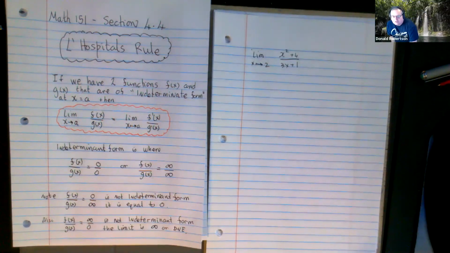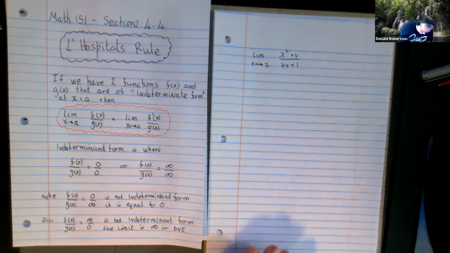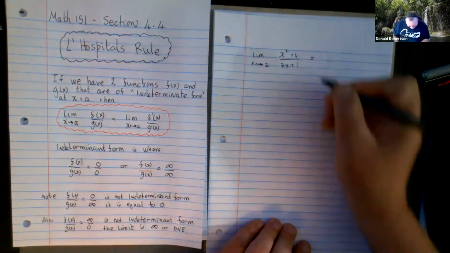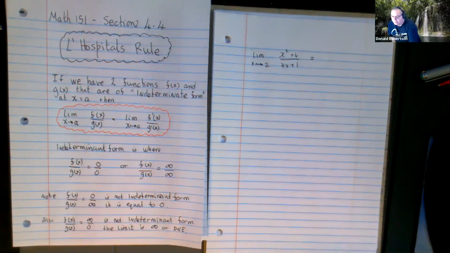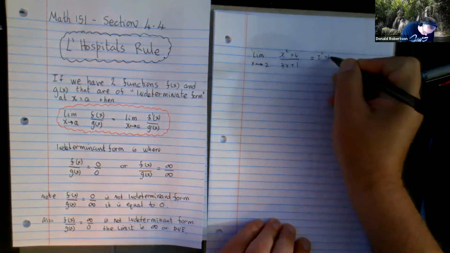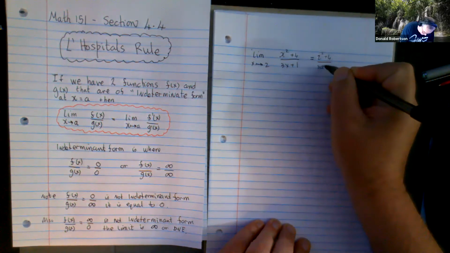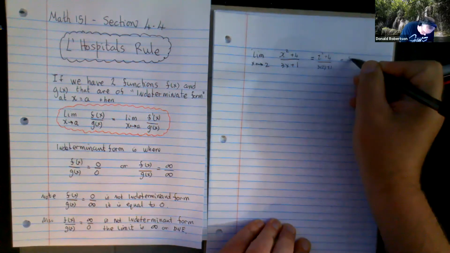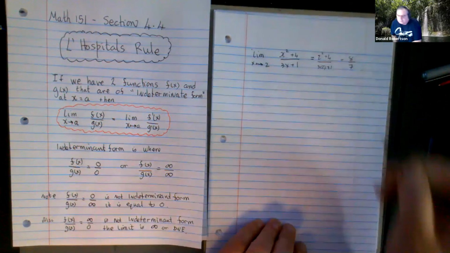I want to find the limit as x tends to 2 of that fraction. One of the ways you can find a limit is called evaluate. In other words, you just plug in 2. If you get an answer, that's a limit. And this one works, because you get 8/7.